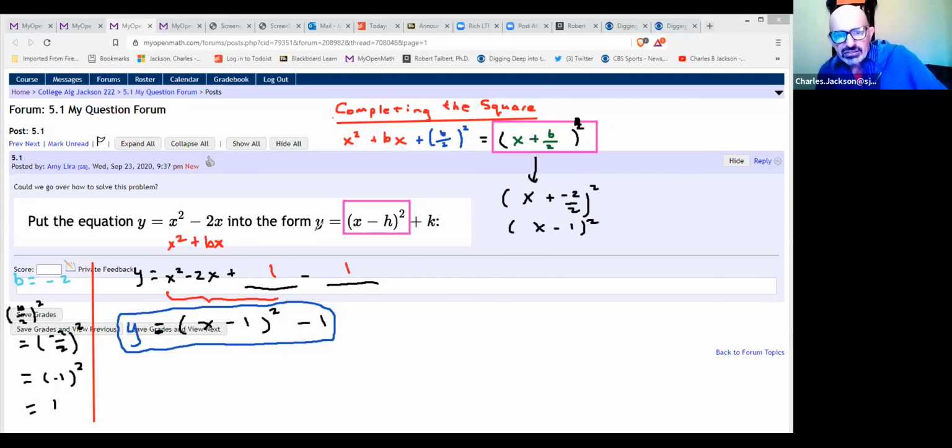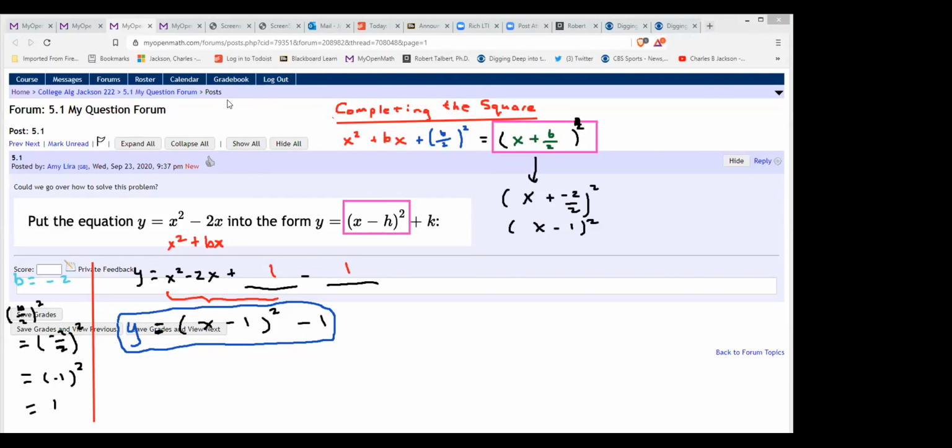So, right, that is the form y equals the square of x minus h plus k, right, Amy? And so that actually is the answer. Does that make sense, Amy? Yes, sir. Thank you. You're welcome.